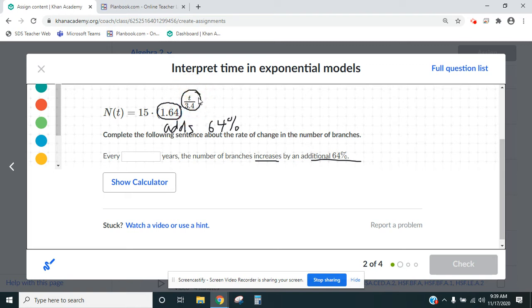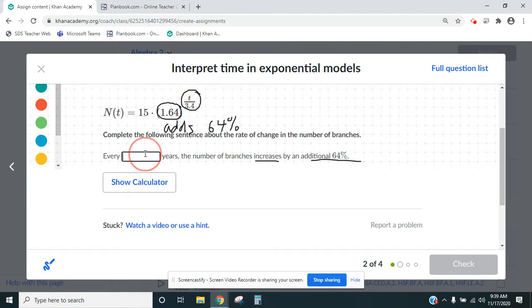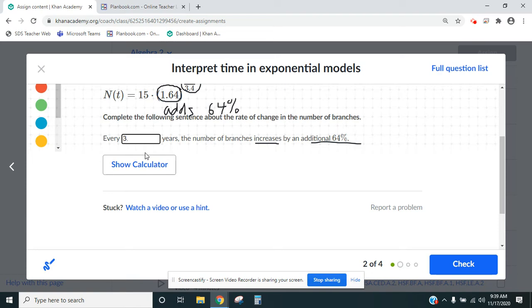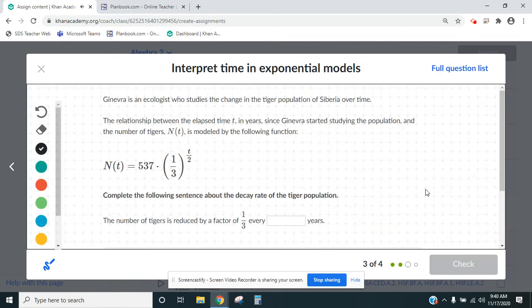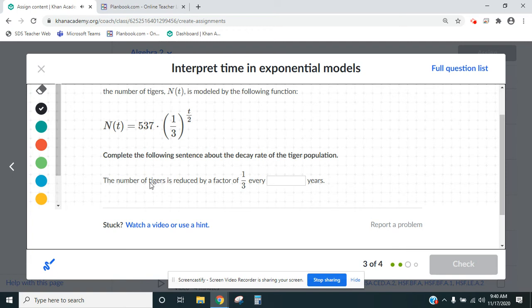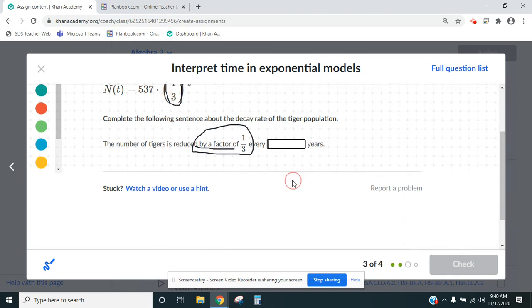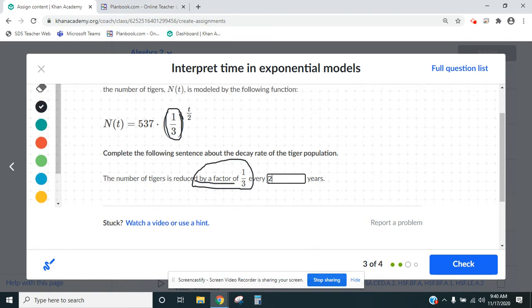Every 3.4. Okay, last one. The number of tigers is reduced by a factor of 1/3. Remember the language of by a factor of? That's what this means. Happens how often? Every 2 years. Very good.